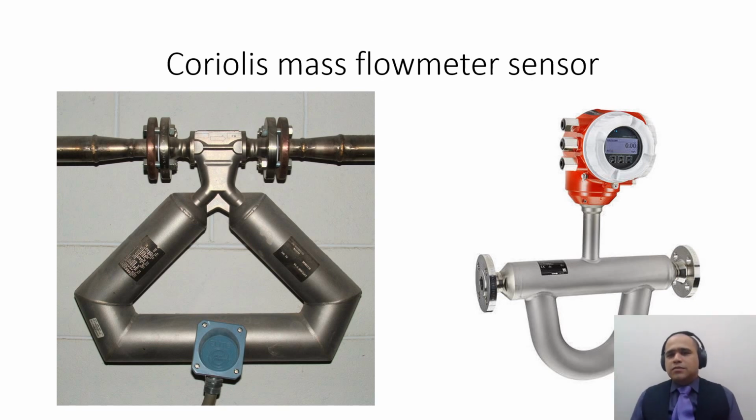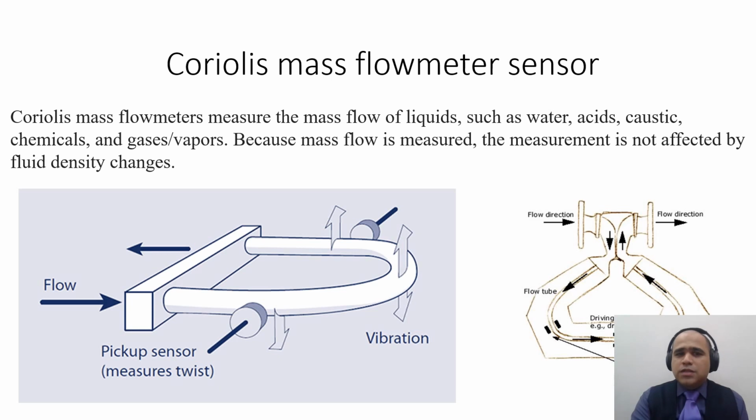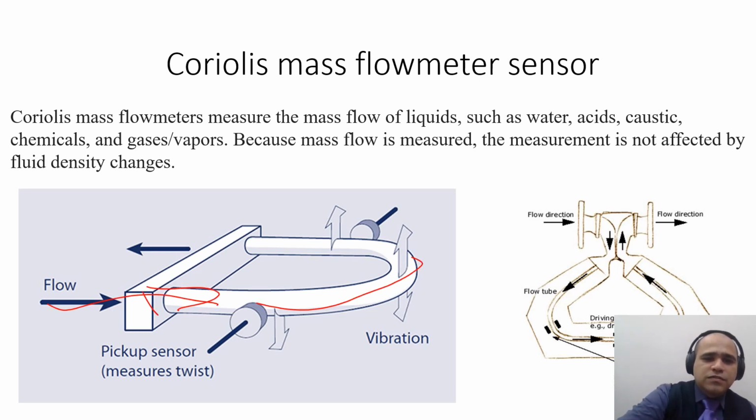Now, you might have seen these kinds of flow meters which are U-bent or of a special shape, and they basically use a Coriolis mass flow meter. Inside a Coriolis mass flow meter, the flow enters from this side and exits from that side.